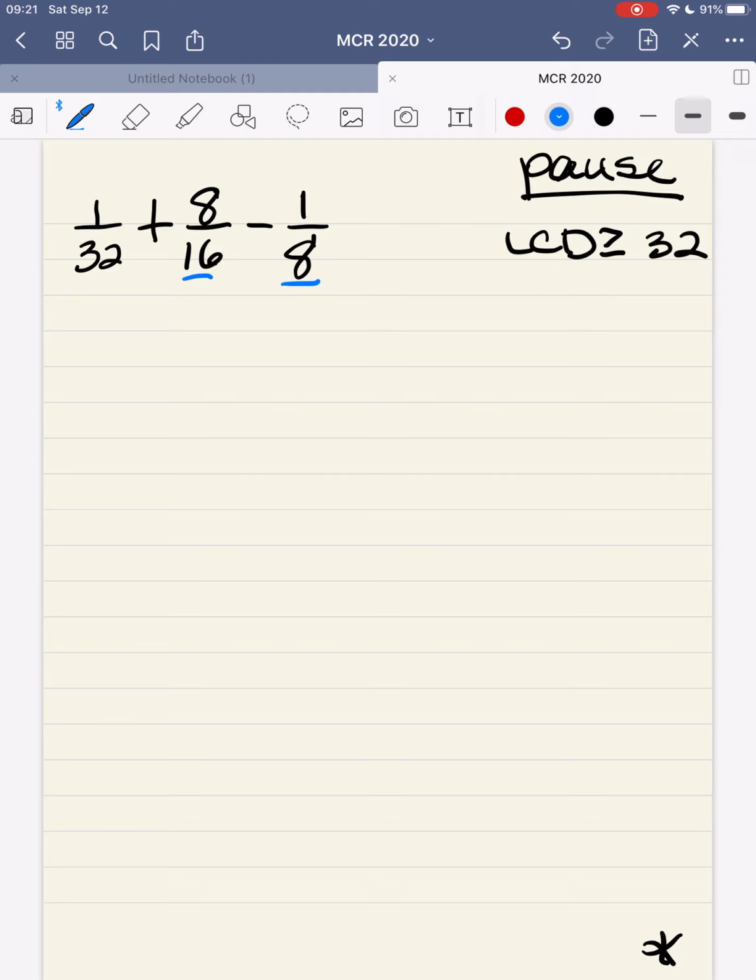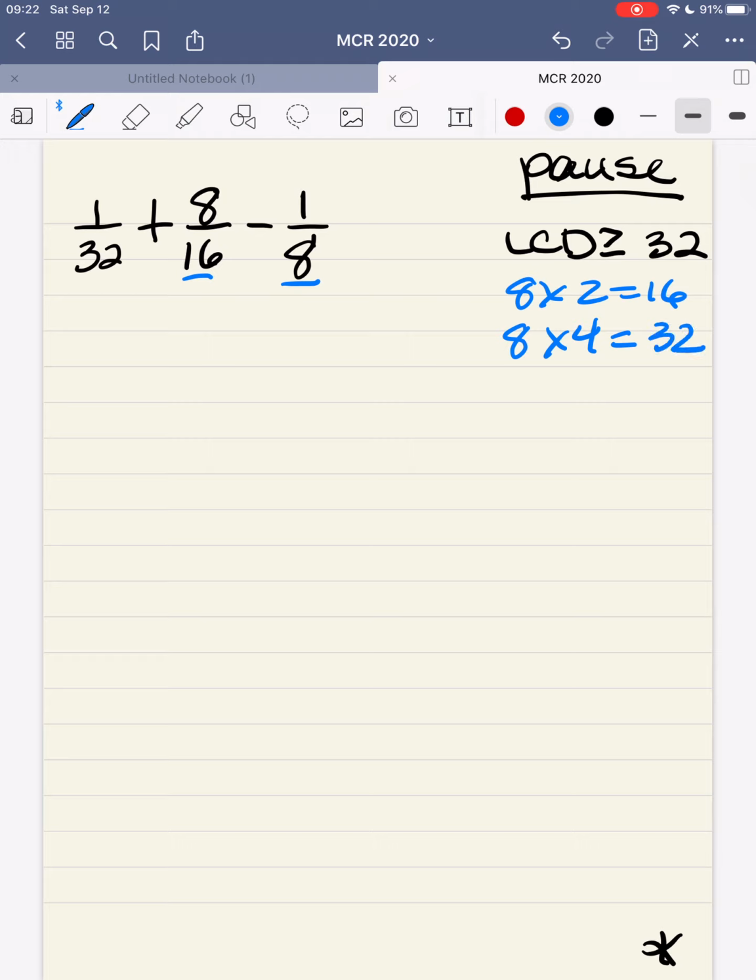Okay, well, I know 8 times 2 is 16. All right, so I know I can make the 8 into the 16. And I also know that 8 times 4 is 32.